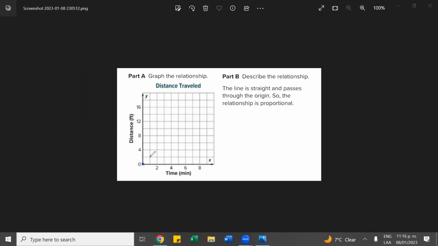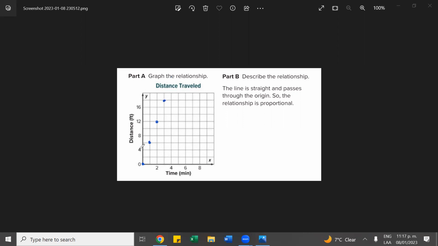In 1 minute, right here is the time, the minutes, the distance was 6. In 2 minutes, the distance was 12. And in 3 minutes, the distance was 18.